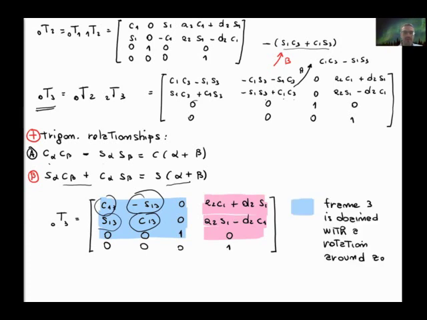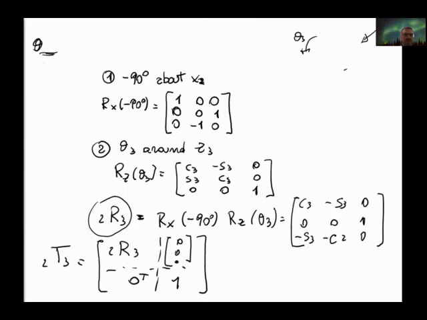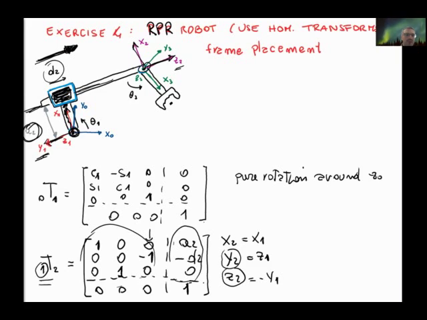What is again useful to observe is that this is again an elementary rotation about the z-axis. If we look at our drawing, we can see that was the case, because if you look at the frame 3, frame 0 is like this, and frame 3 is just rotated about the z-axis.